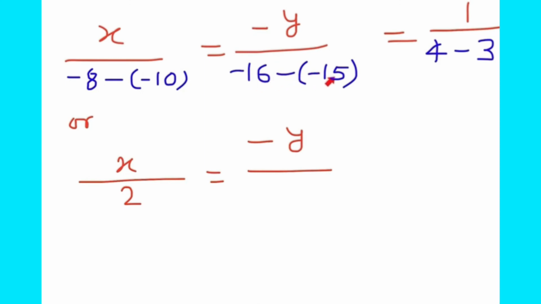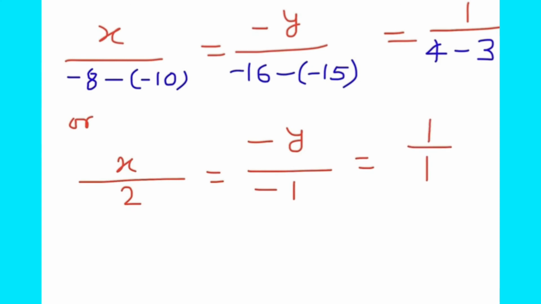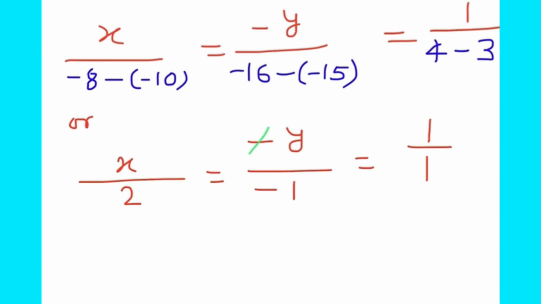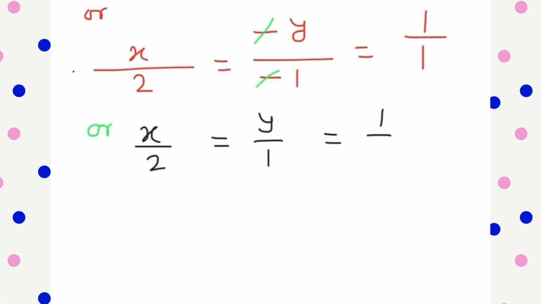So 16 minus 15, and this is the negative sign, so you will get minus 1, and equal to the constant term 4 minus 3, that is 1. So you will write it is 1 upon 1. Now you can see that this minus sign is cancelled out from numerator and denominator, and you get x upon 2 equal to y upon 1 equal to 1 upon 1.